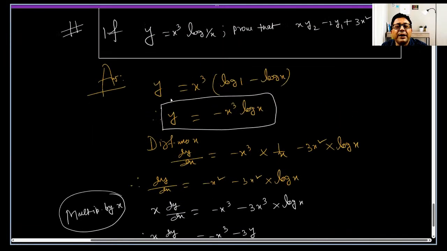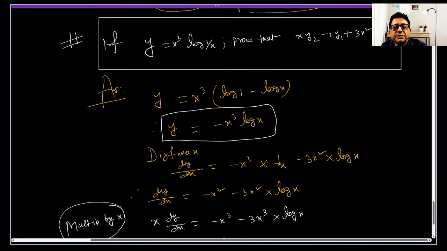Okay, I repeat. So y is x cube log 1 minus log x, that part is clear, minus x cube log x. Now use the product rule for the right hand side: minus x cube into 1 by x and minus 3x square log x.